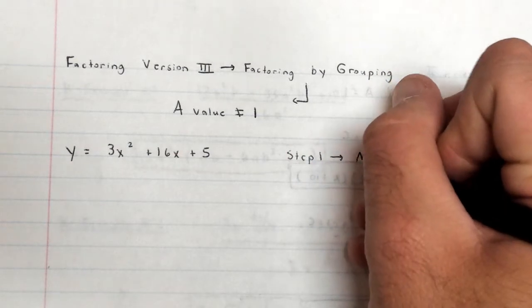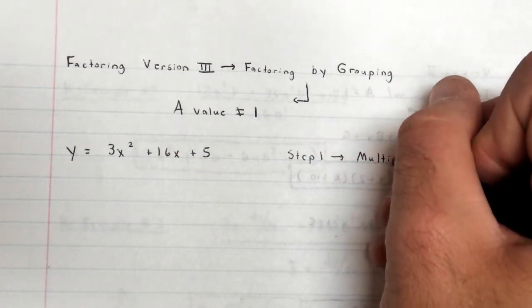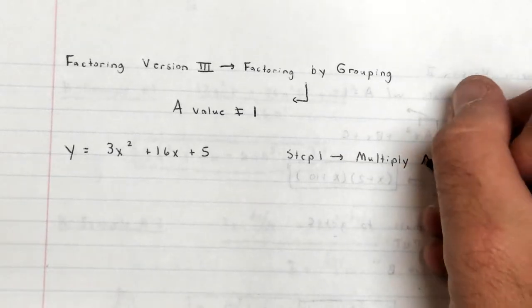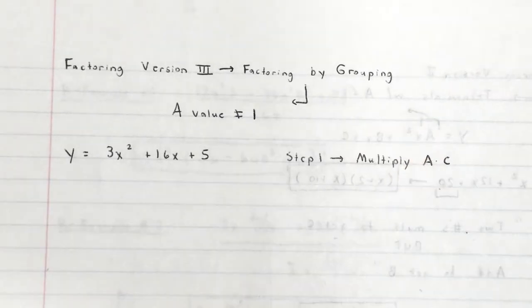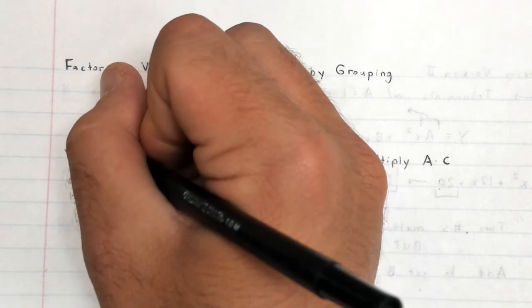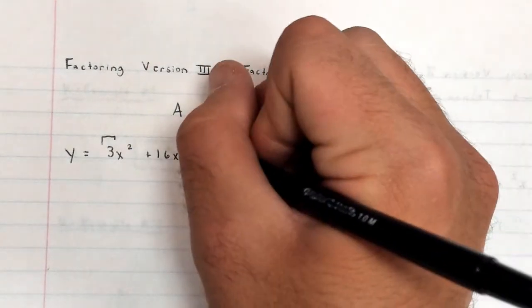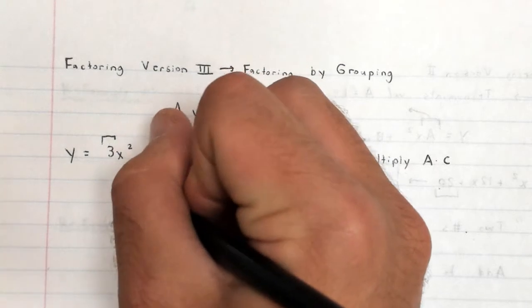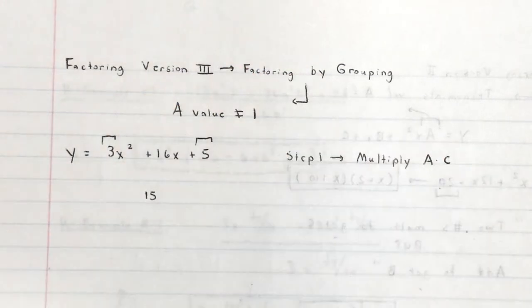I want to multiply A times C. In this case, I'm just looking at the number, not the letter, not the x squared, but the number. So A times C, I get 15.